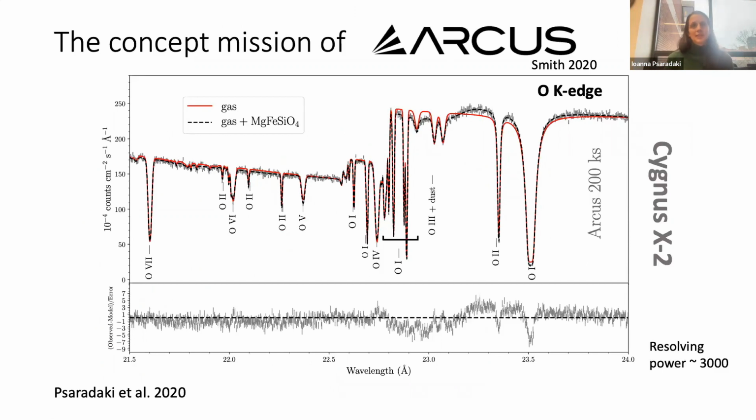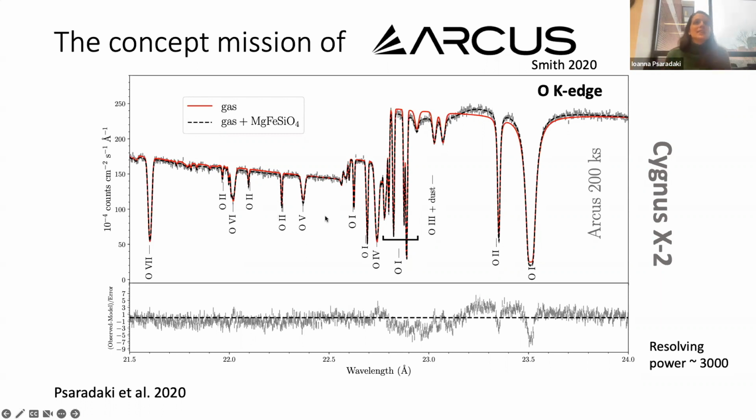I want to briefly mention Arcus. This is a simulation with the Arcus response matrix at the oxygen K edge. We can see a forest of lines of different ionization temperatures, of the ionization species of oxygen.